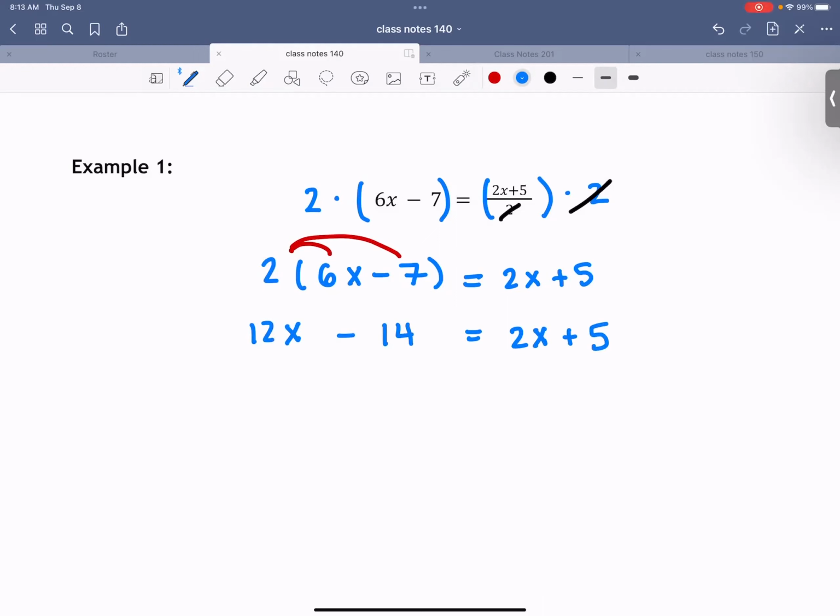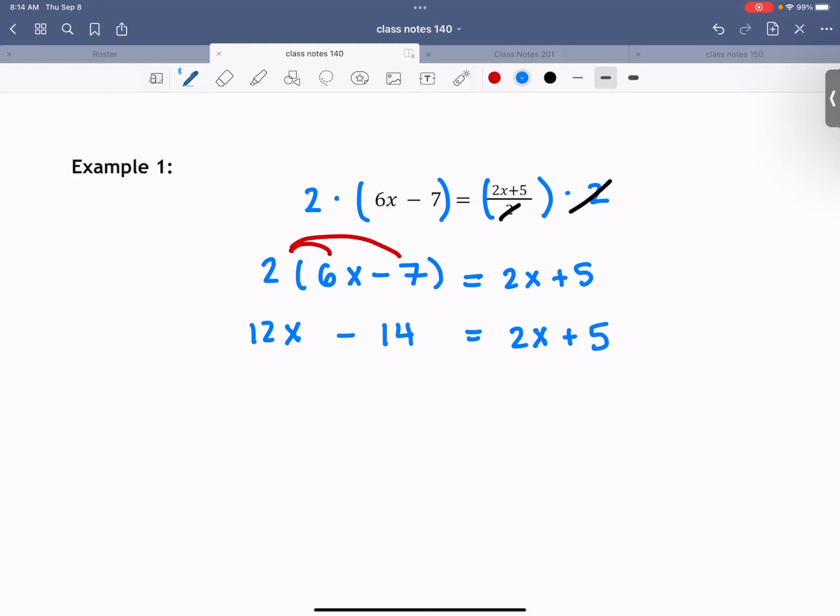Okay. Now, what we really want to do is get the x's on one side and maybe the numbers on the other side, because that might help us divide out by the constant on x. What should be our next step now? Multiple things we can do.